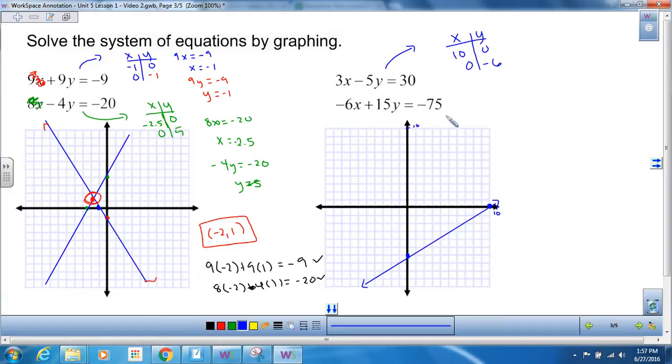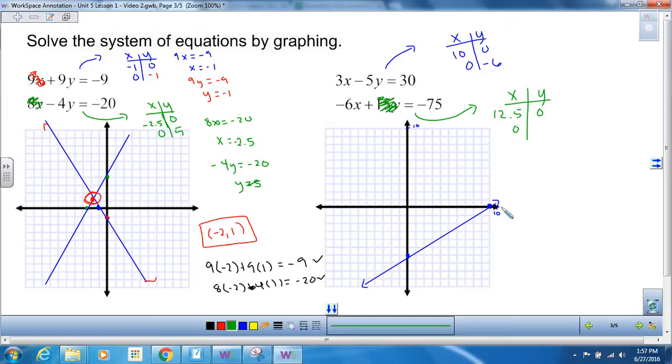Okay, and now let's look at the second one. All right, so cover up y, and we get 12.5, which is a little bit off our graph, so we'll just have to kind of estimate where that is.